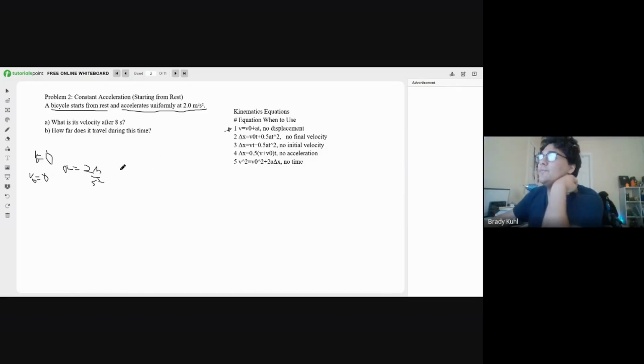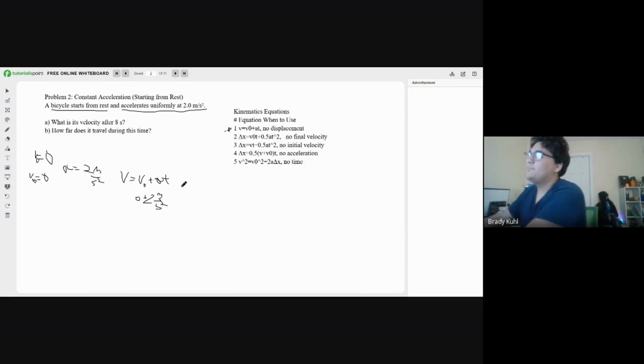So now we get v equals v naught plus at. We know what the formula is now. So now we have 0 plus 2 meters per second squared times 8 seconds.